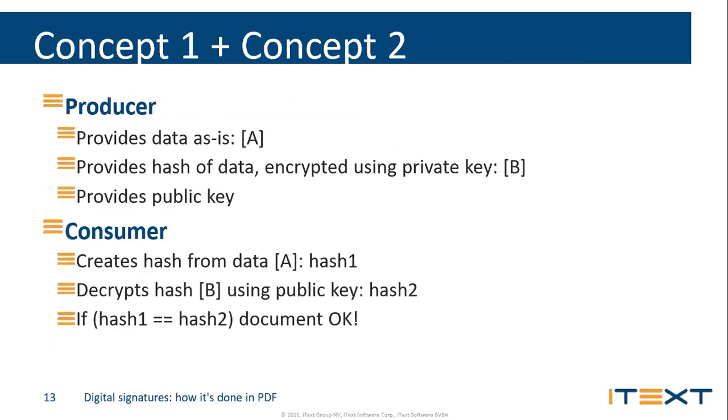What are the procedures? First of all, see concept 1 plus concept 2: producer and consumer. The producer produces the data, in the form of A. Then they take the hash of the data, that is, from the data they create the hash key, encrypt it using a private key, and provide the public key.